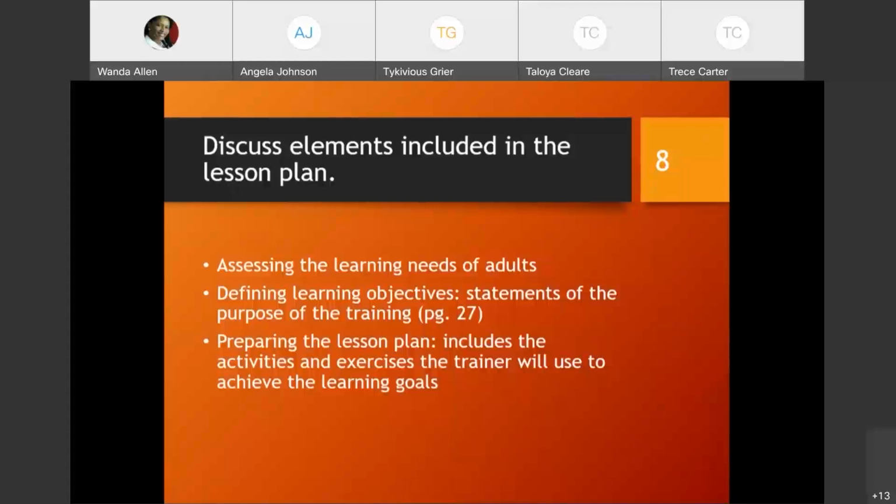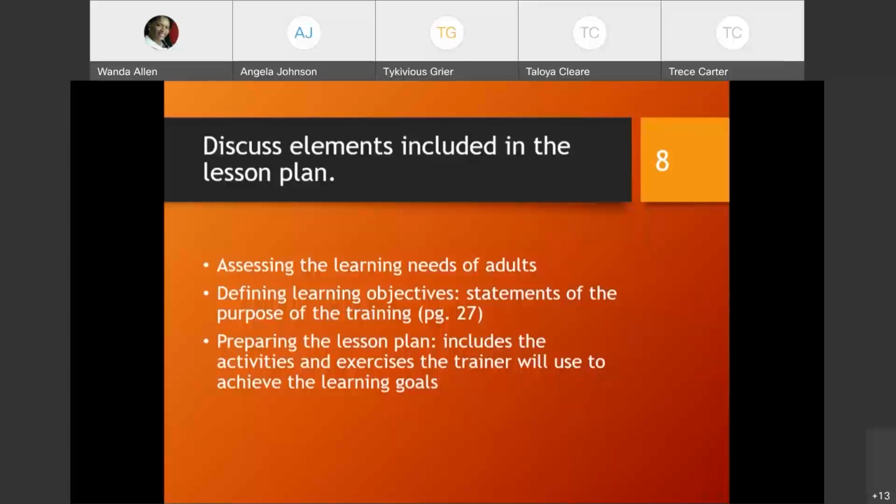But assessing the learning needs of the adults is important, and it can be achieved by observing issues and problems, asking informal questions, or developing simple questionnaires in order to assess what the needs are. For example, there may be an increased number of parents reporting bullying to school administration.